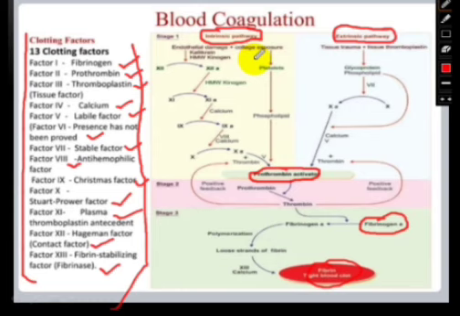An injury to the tissue or a blood vessel, as previously mentioned, damages the what? Endothelium. Injury to an injured tissue or vessel damages the endothelium, and it also exposes the what?